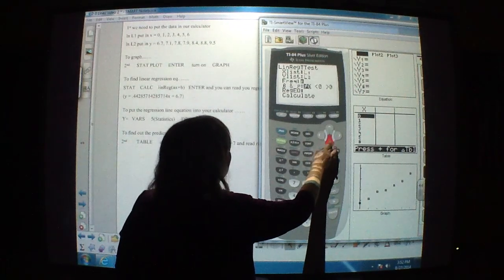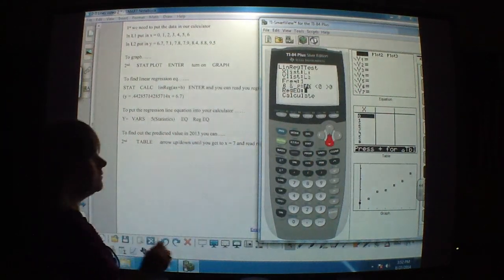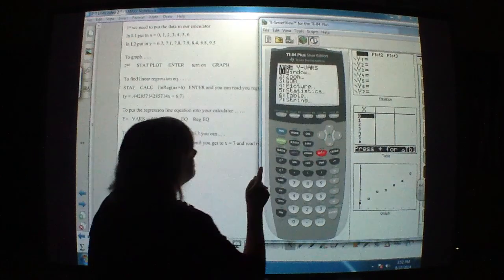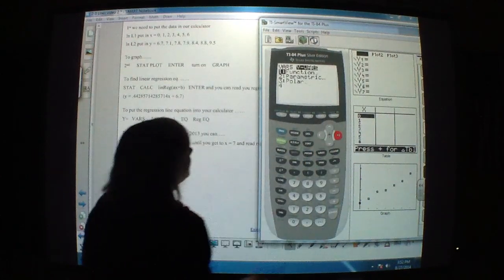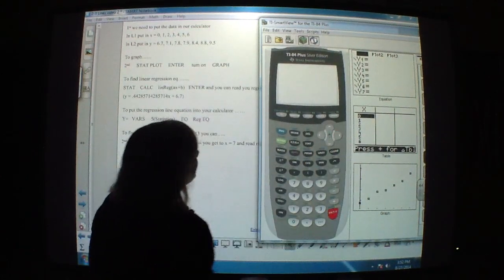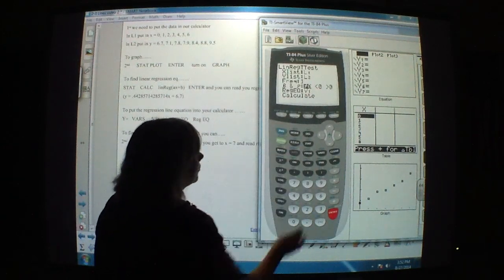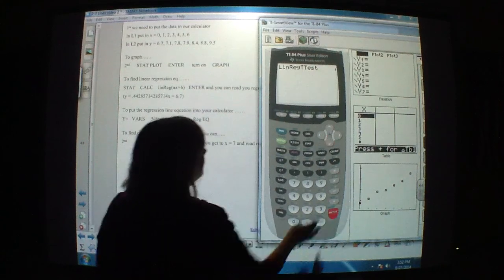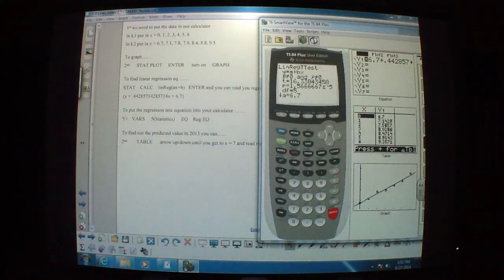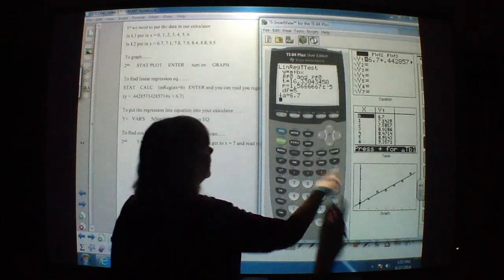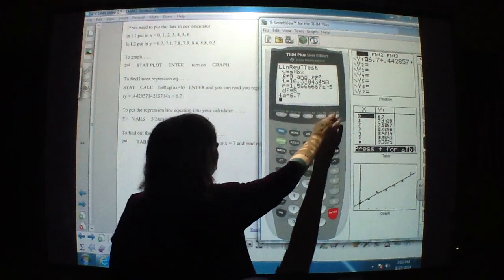And I know this will work. Regression equation, I can go to vars, y vars, function, y1. I'm putting the linear regression equation in there, calculate. And there, it calculated it. And when you graph it, you'll see it now.